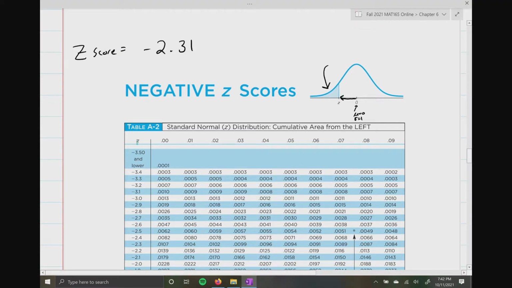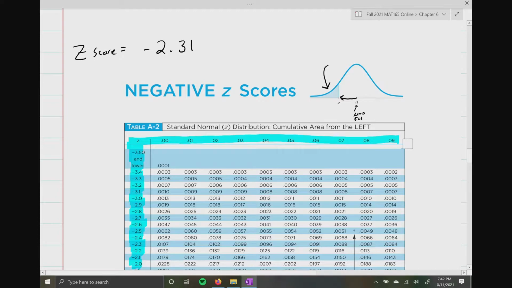Notice that across the row, it says z, and you have 0.00, 0.01, 0.02, 0.03, and so forth. And then down the first column, we have negative 3.4, negative 3.3, negative 3.2, and so forth.